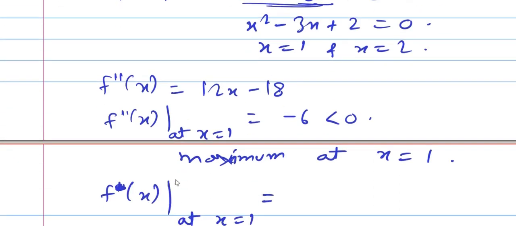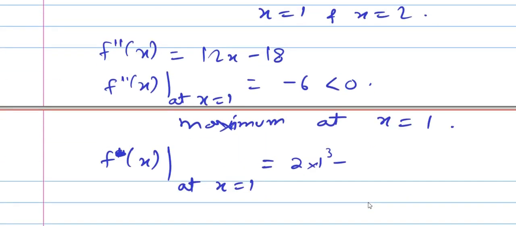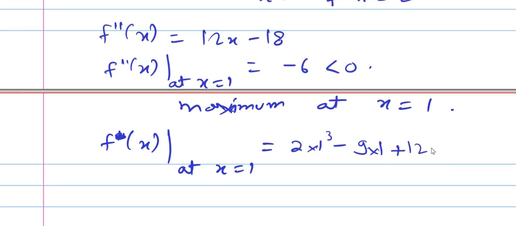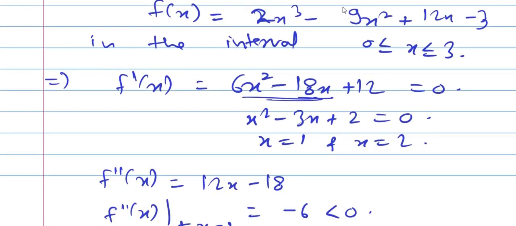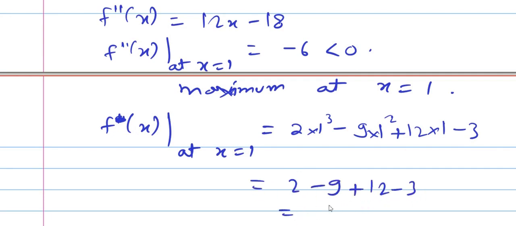So 2 into 1 cube, minus 9 into 1, plus 12, minus 3. In this function I am substituting x equal to 1. Its value is 2 minus 9 plus 12 minus 3, that means 2. So the maximum value of the function is 2.